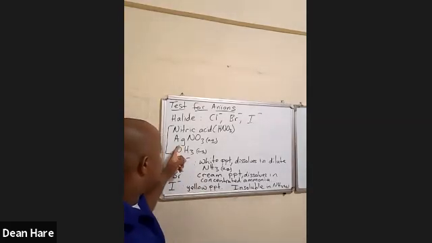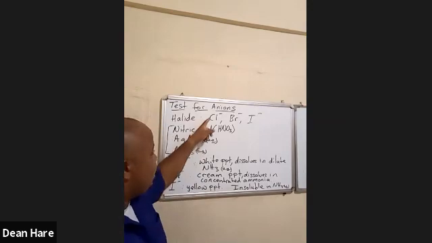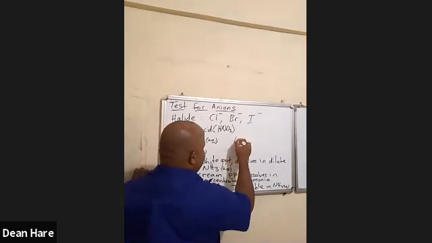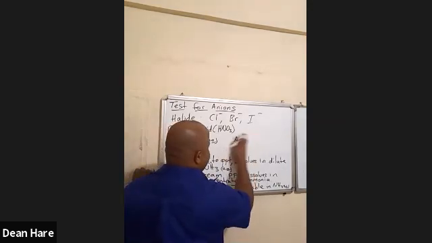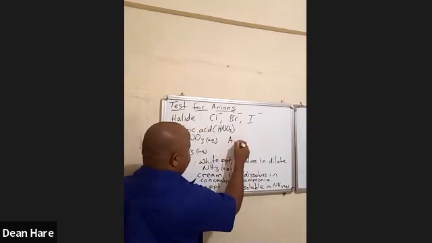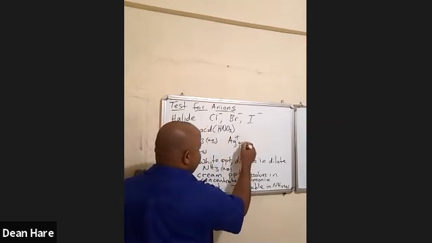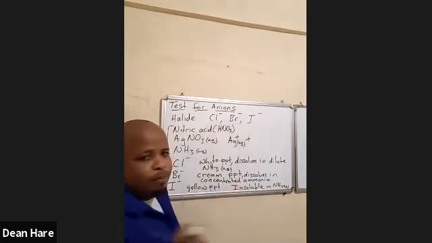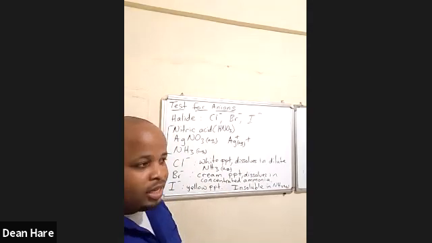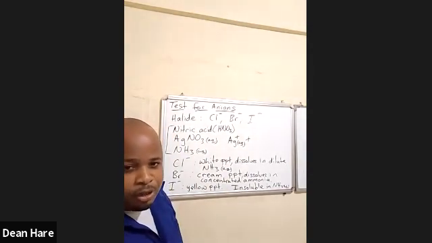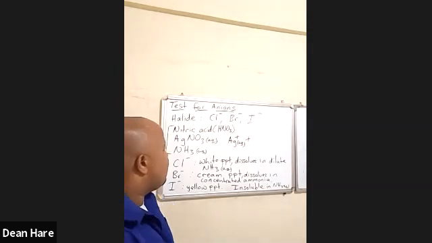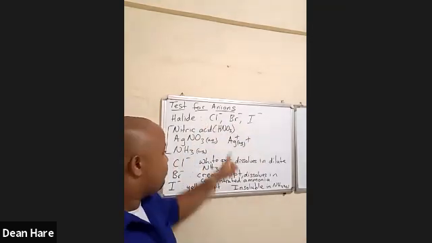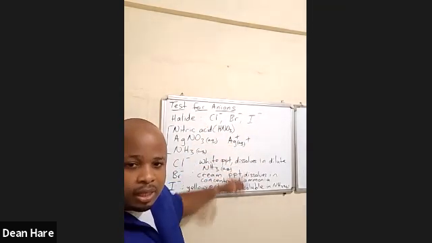The reason why you get a precipitate when you add silver nitrate to your halide ion is because silver ions, Ag plus, will combine with any of your halide ions. If you remember, in grade 10, when I did acids, bases, and salts and you learned the solubility rules, we know that the chloride salts of the halide ions are soluble, except for silver as well as lead.